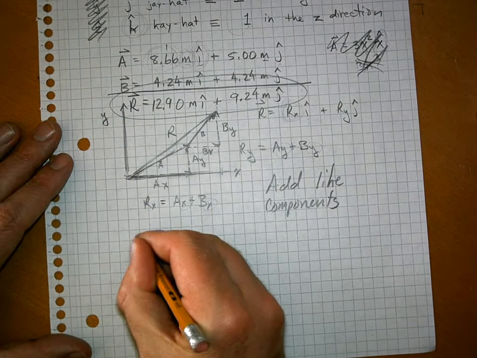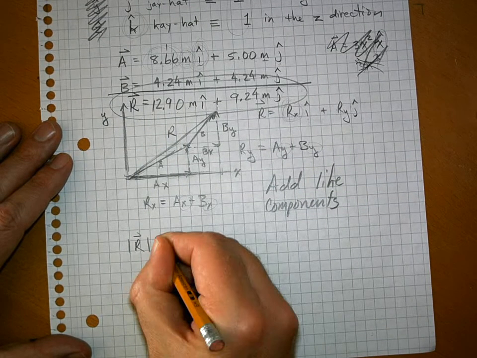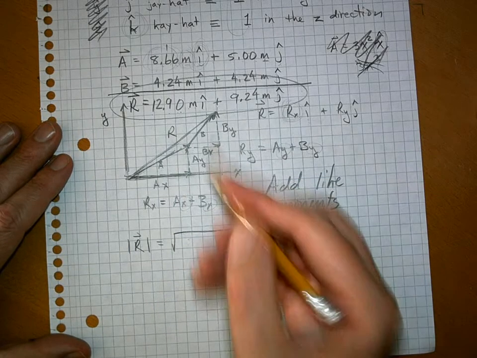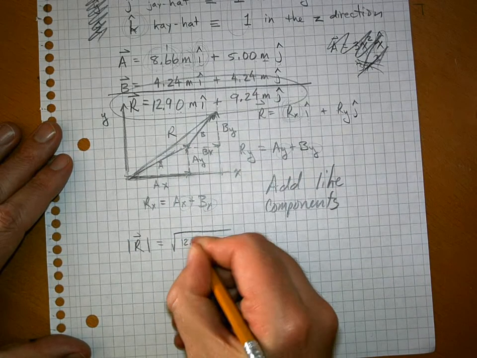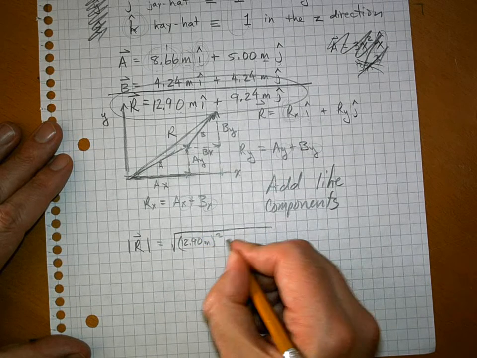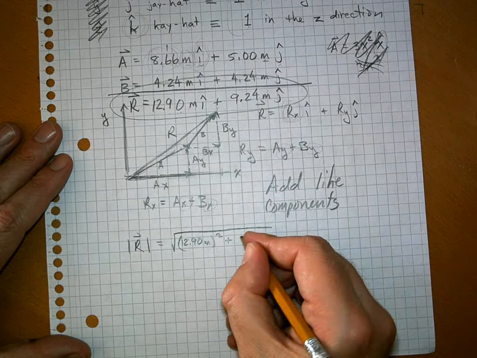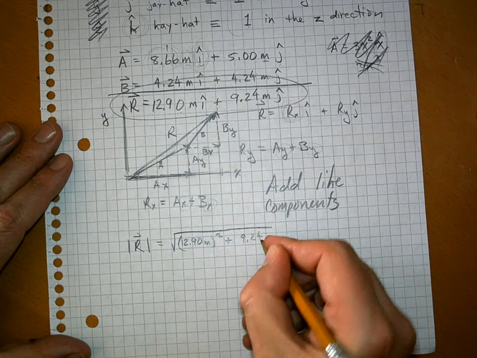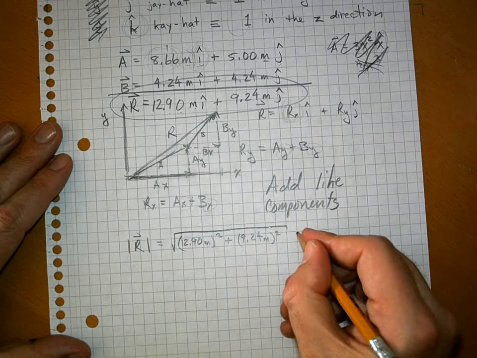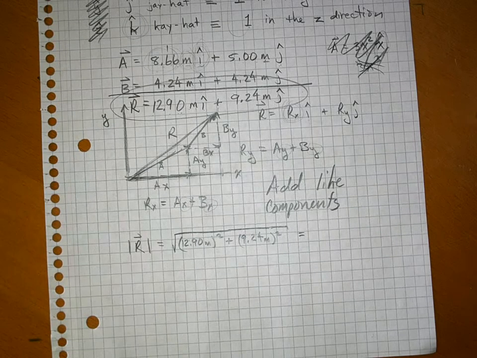The magnitude of vector R is just its x component squared plus its y component squared, and if you do that, plug it in your calculator.